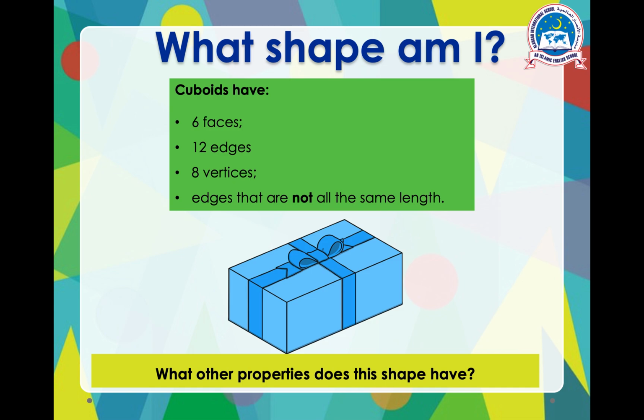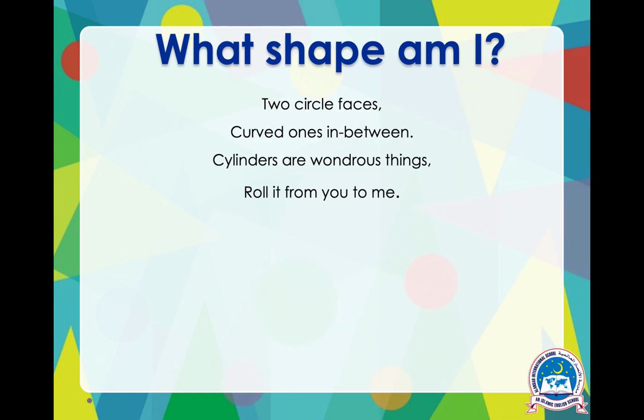We have 6 faces, just like a square, 12 edges, and 8 vertices. These are all the same as the cube, but with a cuboid, all the edges are not the same length. We have 2 that are different lengths and more that are smaller.